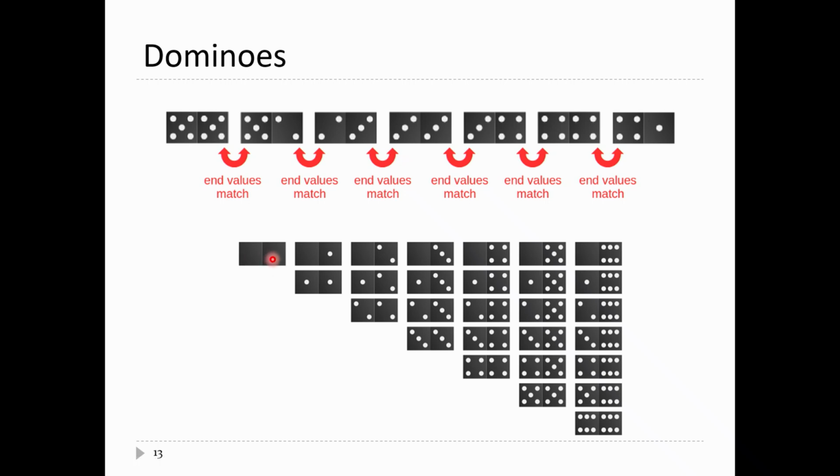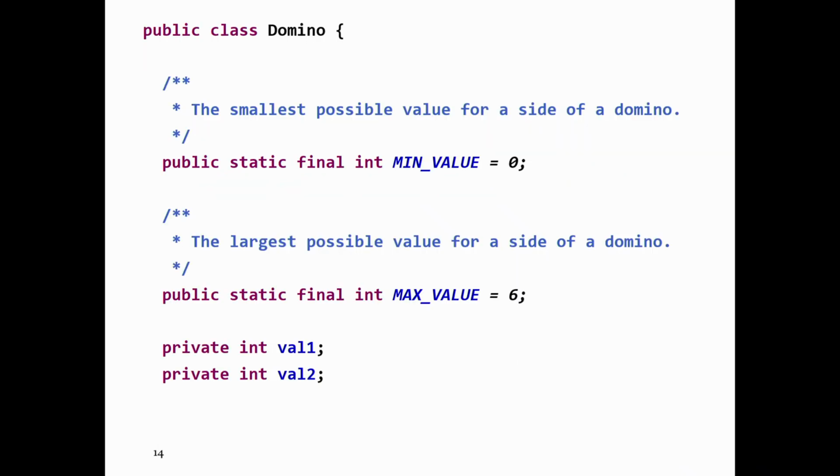You've got a domino that has 0 and 0, one that has 6 and 6, and one for everything in between. So if you decided to make a class that represents dominoes, you might decide that it's important people know the minimum number of pips and the maximum number of pips.